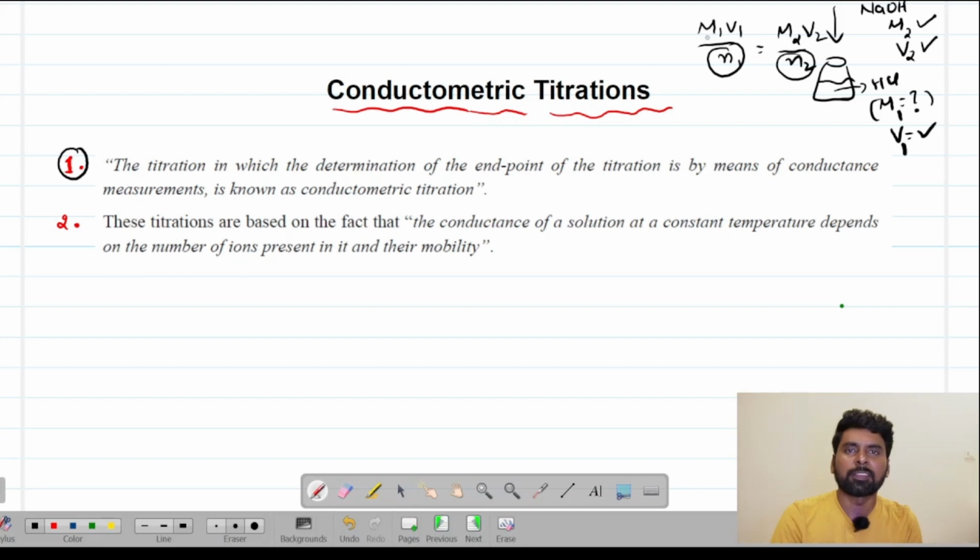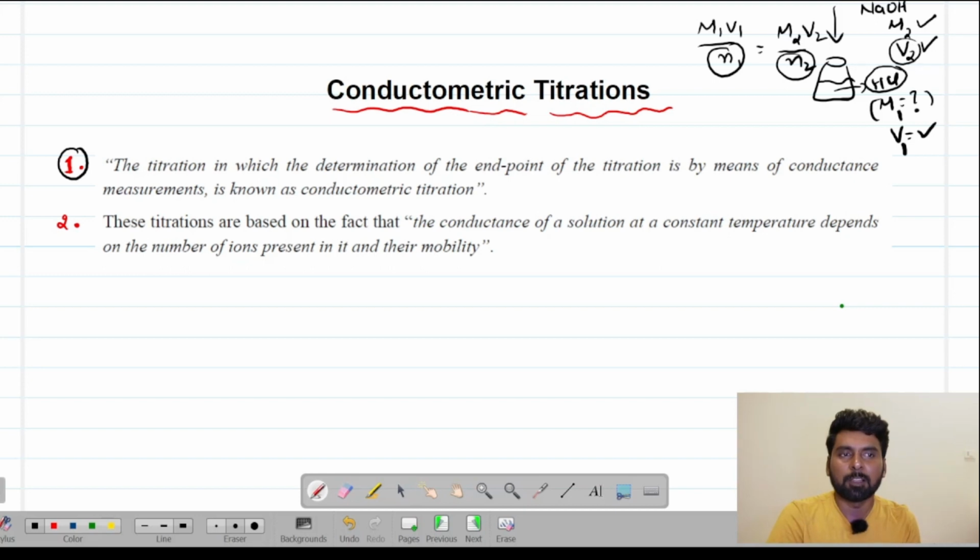So how to find it? In normal titrations we generally add one indicator. Wherever the endpoint comes, the indicator changes its color, and that is the indication to stop. That is the volume of NaOH required to neutralize the HCl present in your conical flask.